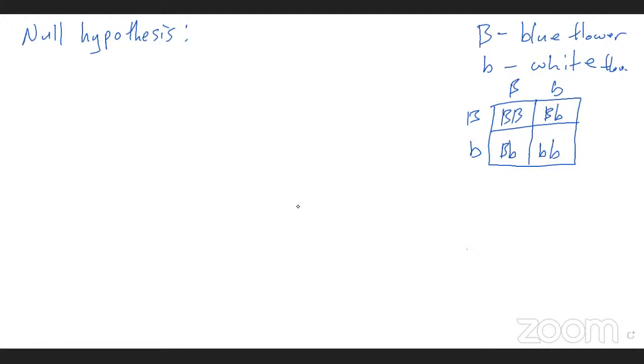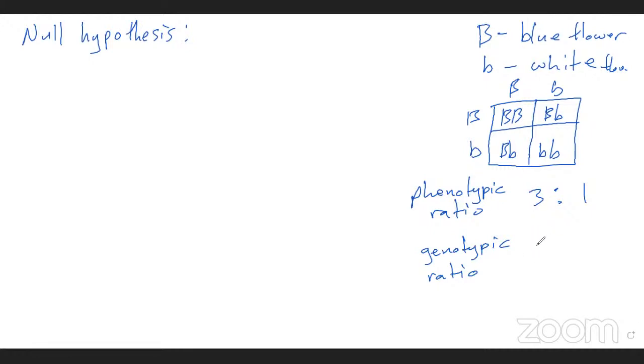What is the phenotypic ratio? How many blue flowers will we have? 3 blue flowers to 1 white. Yes, so the phenotypic ratio is 3 to 1. What would be the genotypic ratio? You start with your homozygous dominant ones. How many would be homozygous dominant? 1.